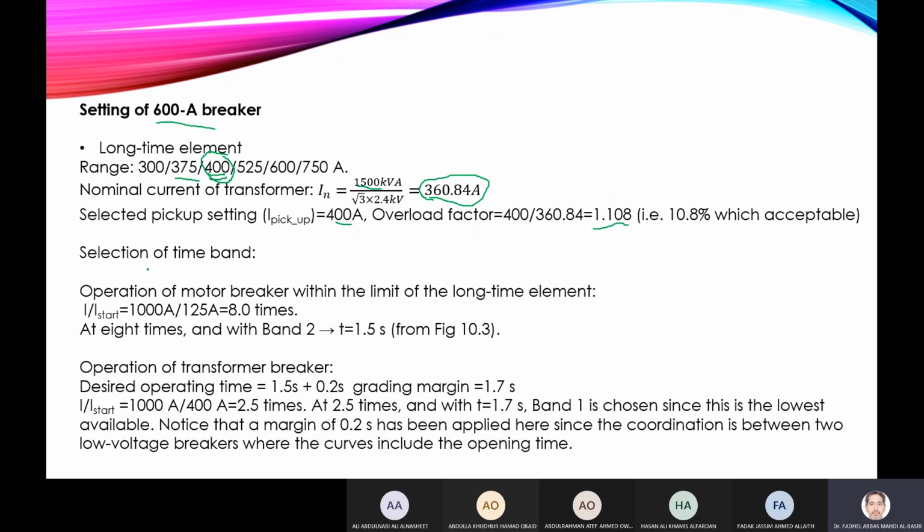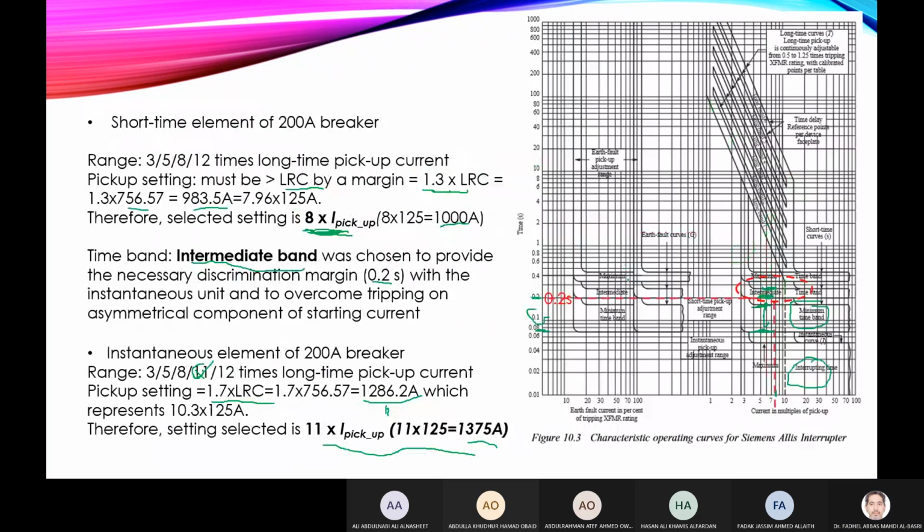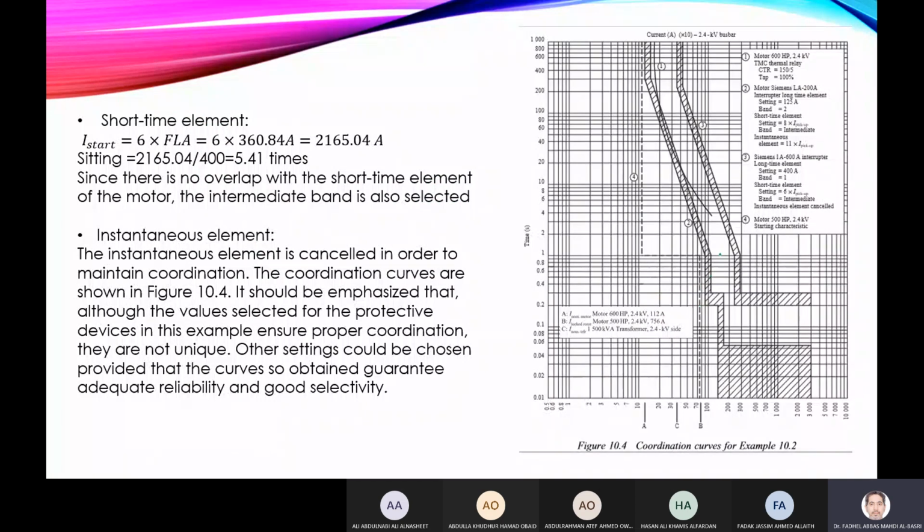It's okay. Selection of time band. In the same way, I have to coordinate now. This is the 200 breaker, with the long time element, the short time element, and the instantaneous element.